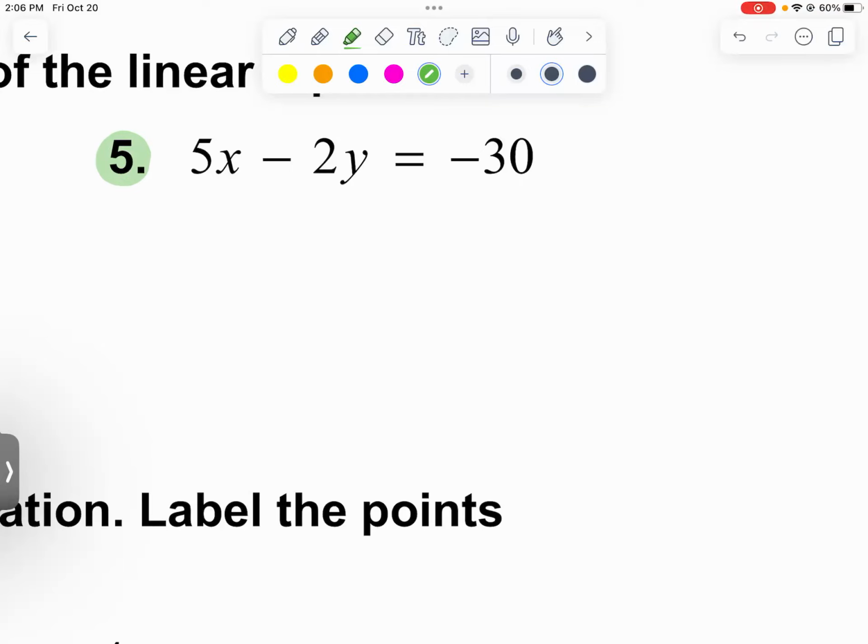Mm-hmm. Please tell me this is all we're doing today. Is the quiz a formative or something? Take a guess. I'm still gonna get like a 9. 9 is pretty bad. Hey, guess what? We're all just working on number 5. We're finding the x and y intercept. I'm working on math.